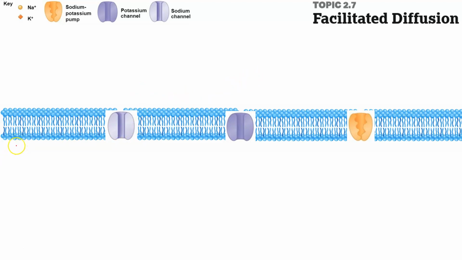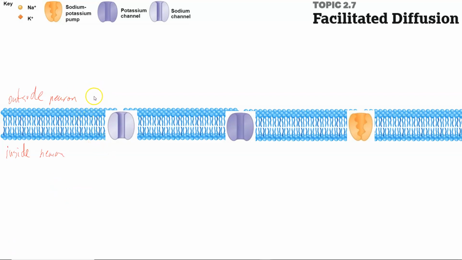We'll say that this bottom part right here is inside the neuron. Say over here is outside the neuron.